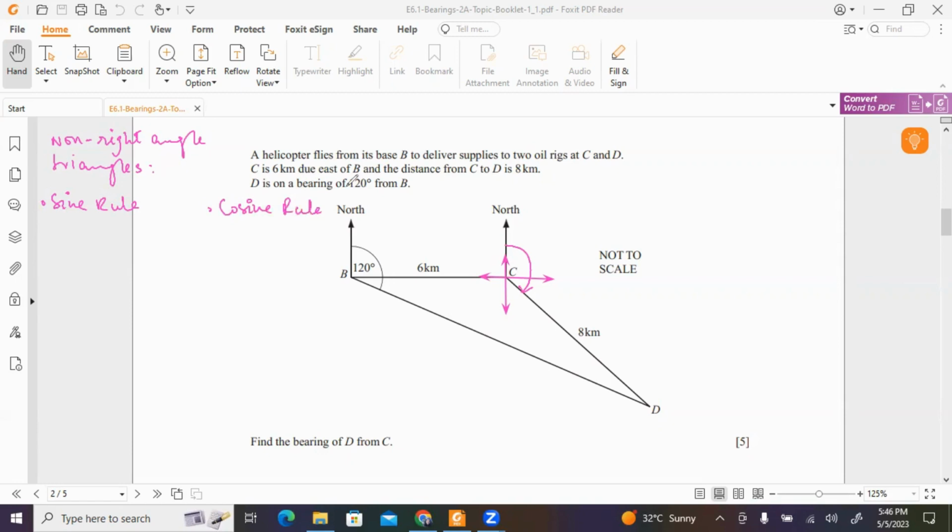For us to use the cosine rule, we need two sides and the angle between them, or all three sides should be known.